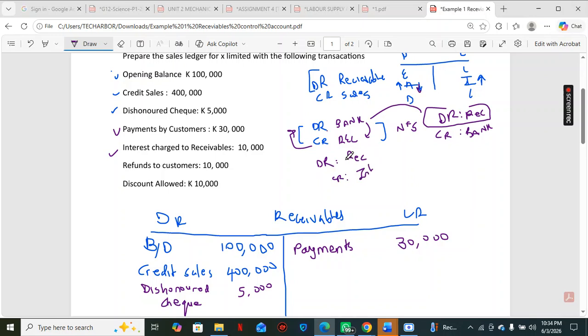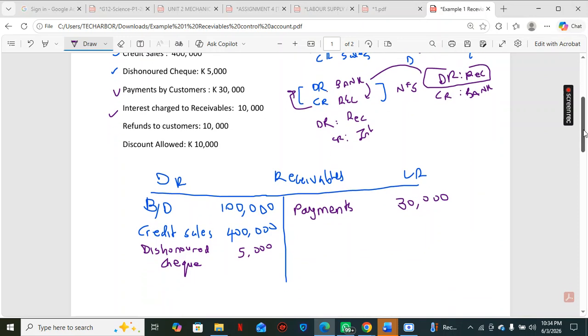Okay. So this debit entry here, interest is going to come on the debit side of the control account. Interest charged to customers.